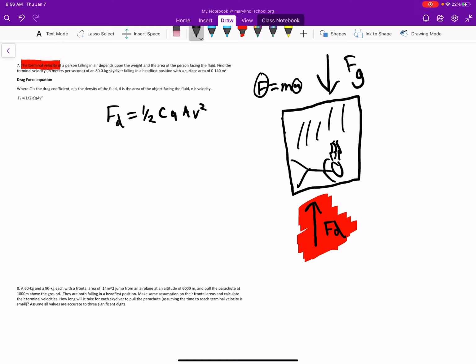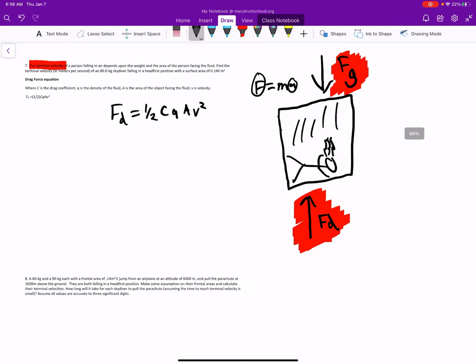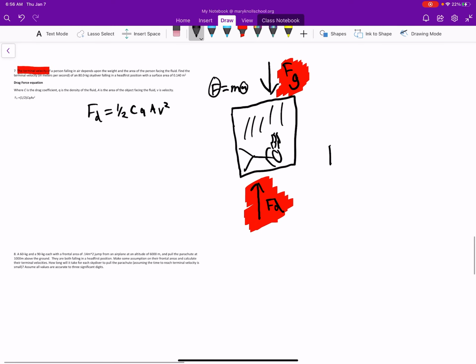at terminal velocity, right, that means the force is zero. So that means when you add these two forces together, force of gravity plus force drag is going to be zero. So that must mean that one's positive, one's negative, and they add up to be zero.